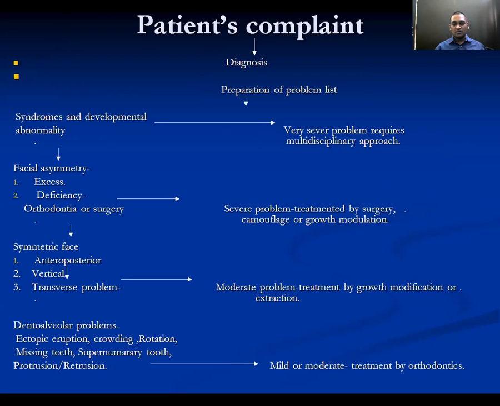Mild cases are where there is proclination of incisors, retroclination of incisors, mild crowding, any rotations of the dentition. This comes under mild problems. The moderate problems are facial asymmetry, excess or deficiency of the maxilla or the mandible. This comes under moderate cases, whereas syndromic cases or developmental abnormality cases come under severe problems.